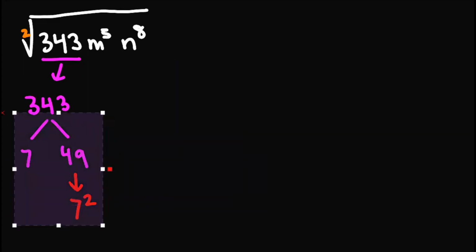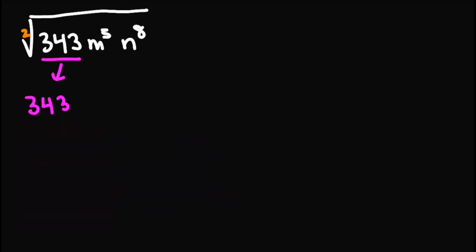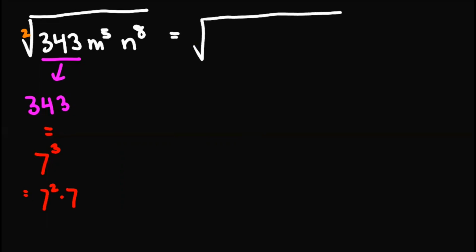So 343 is actually equal to 7 cubed, or 7 squared times 7. So we'll write this one as 7 squared times 7, since again, we want to factor the radicand, or the expression inside, in terms of perfect squares.